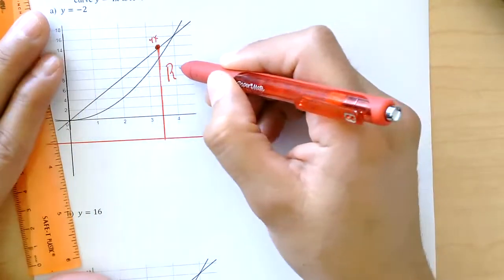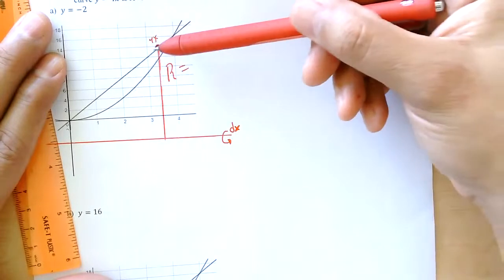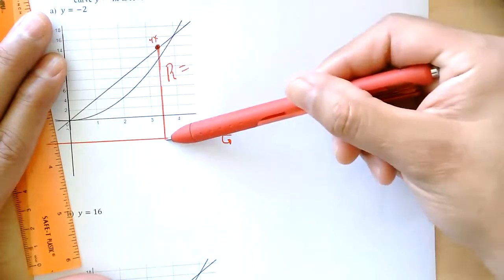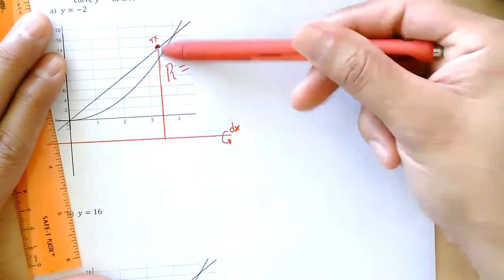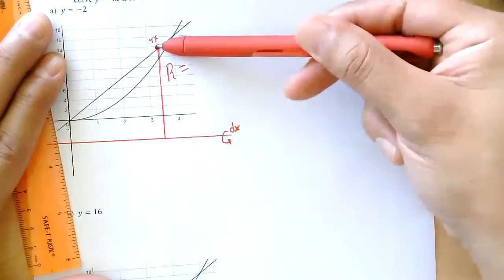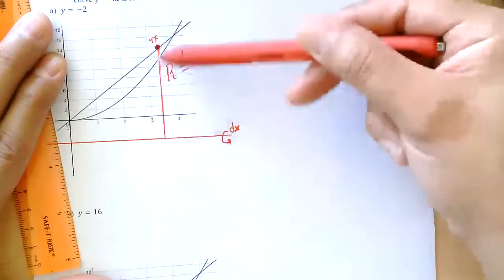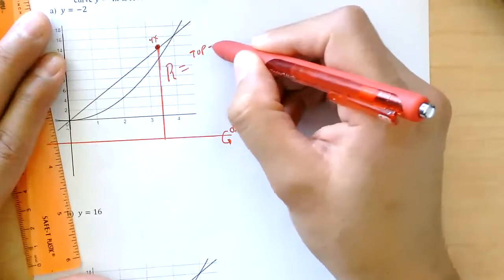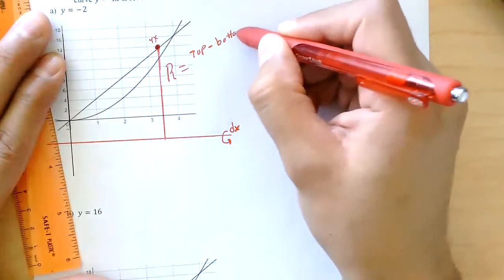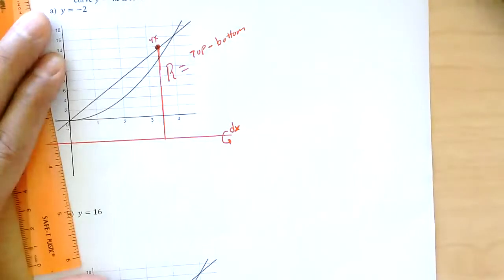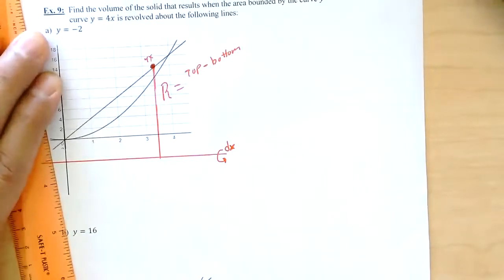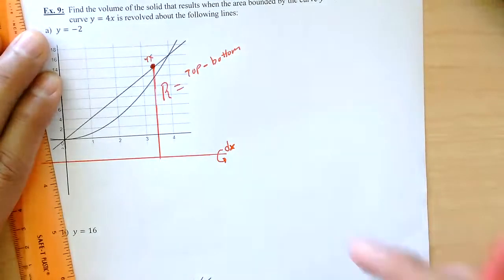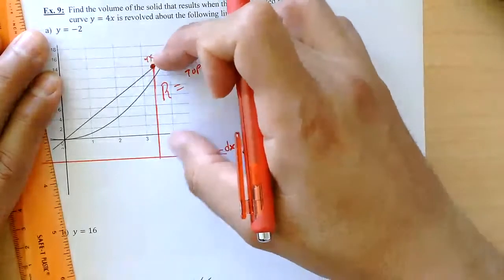Big R is the distance from there to here. And whenever we're looking for a total distance, vertical distance here, I'm going to get the top and I'm going to subtract the bottom. I need to do top minus the bottom. So big R from the top to that bottom.